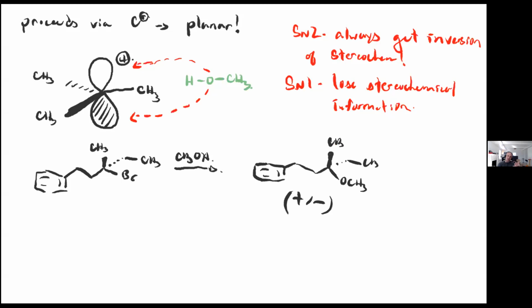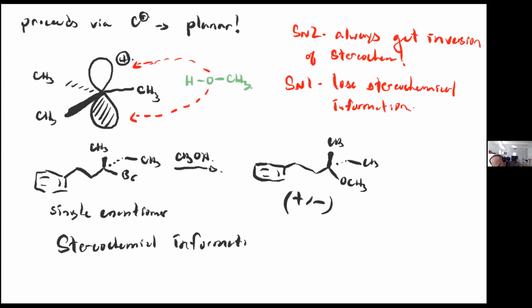I've drawn one absolute stereochemistry there, but the plus-minus tells me that I've got a racemic mixture. So the stereochemical information, if there is such information, is lost in the SN1.